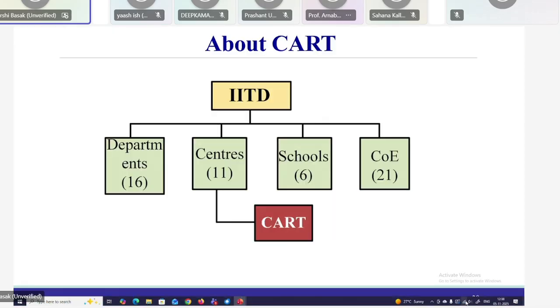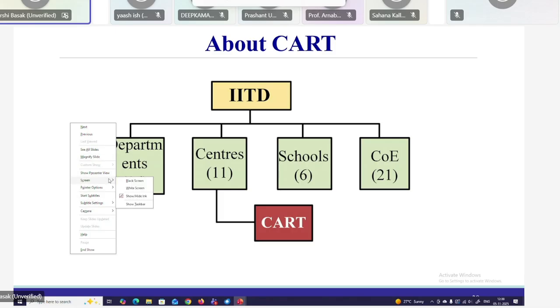If we talk about the structure at IIT Delhi, we have departments, centers, schools and centers of excellence. Departments are like the electrical engineering department, chemical engineering, civil engineering and mechanical engineering.